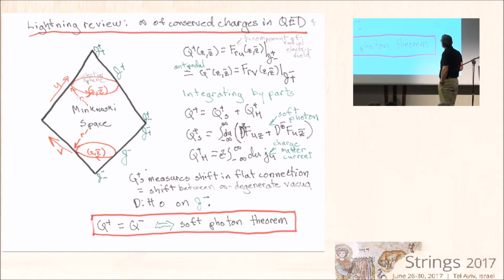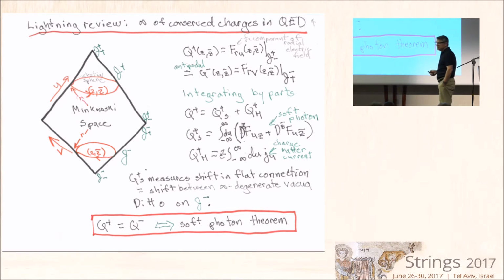And the hard part will be 0 if there are no charges crossing that line. I'm imagining that I might have massless charges which go out to null infinity, and if there is something, I just get the charge flux through that angle. So the conservation law is that the integral along this angle is equal to the integral along this angle.